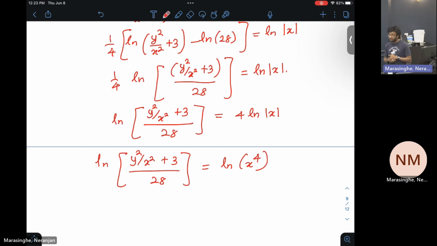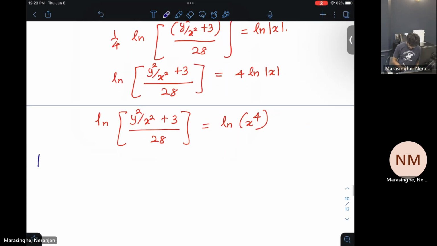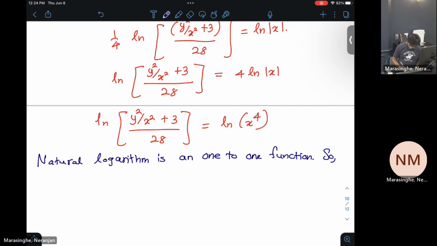Natural logarithm is a one-to-one function. So we can say that (y square divided by x square plus 3) divided by 28 is equal to x to the power 4.